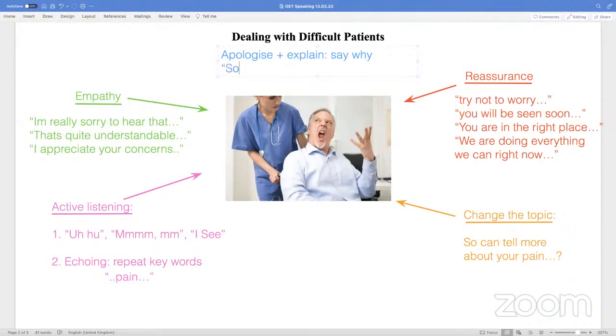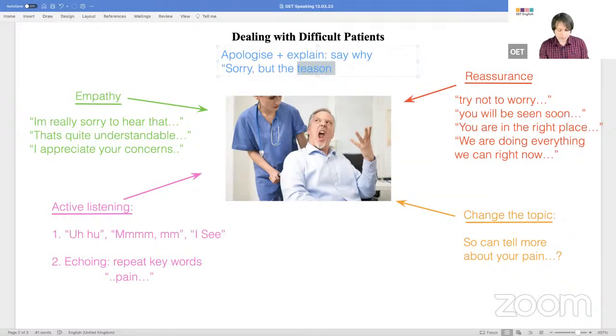I understand your situation, but the reason why. You have been right. Okay, so does everyone agree with Norzad here? It's very simple, isn't it? But it's very good to do it, I think. Give a reason. Okay. So now we have, I'll take questions in a second, but now, guys, we have 5 techniques: changing the topic, reassurance, empathy, active listening, and apologizing.